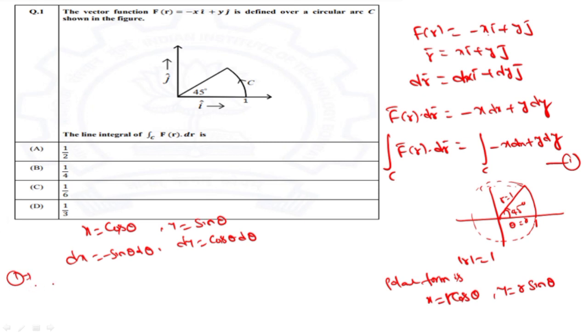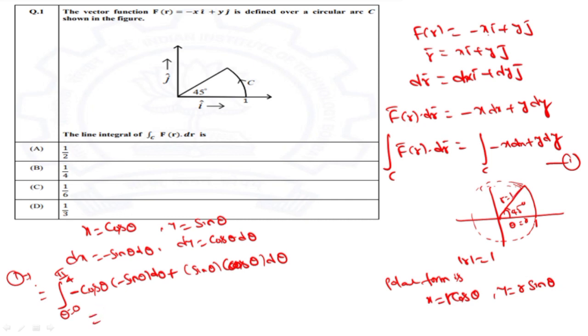Now I replace here. The line integral is minus x, which is cos theta, dx is minus sin theta d theta, y is sin theta, dy is cos theta d theta. We are integrating from 0 to 45 degrees, no need to integrate for the whole circle.